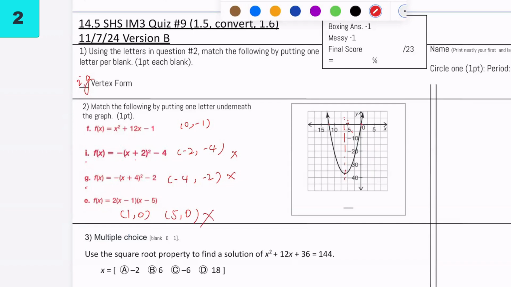So this is not right. So I think only F is right, and it makes sense. If you look at the vertex over here, when x is -6, it should be around -37 something. So the answer here is F.